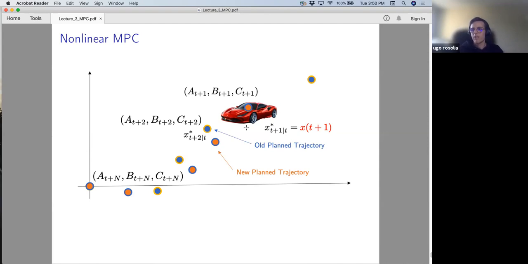So another question is, what happens when you have a nonlinear model and your solver gives you something that is suboptimal, and how do you improve on that? In that case, replanning helps. And actually, you're going to see this in your homeworks, where you keep replanning and you will adjust for optimality. Thank you. Interesting things to think about.